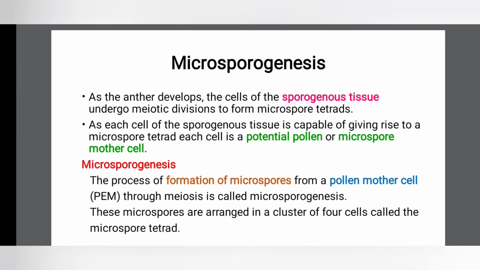Come on, let us see what is meant by microsporogenesis. As the anther develops, the cells of the sporogenous tissue undergo meiotic divisions to form microspore tetrads.